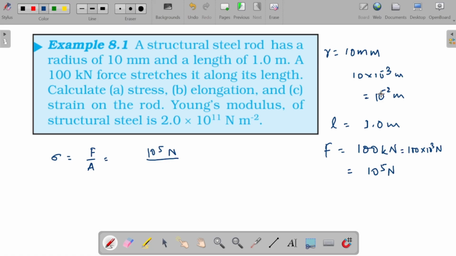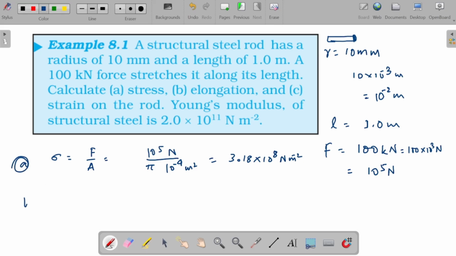This is the rod, so its cross-sectional area, the circular face, should be pi r square, where r is 10 to the power minus 2 meter, so r square is 10 to the power minus 4 meter square. You should calculate this part by yourself. It should be somewhere around 3.18 into 10 to the power 8 Newton per square meter. I am taking the answer directly from your textbook.